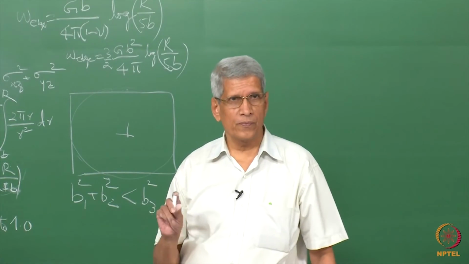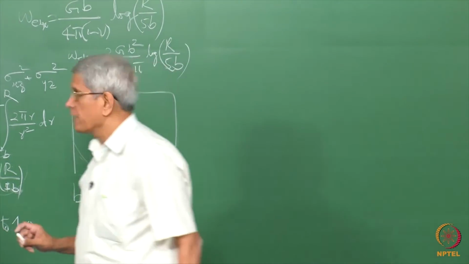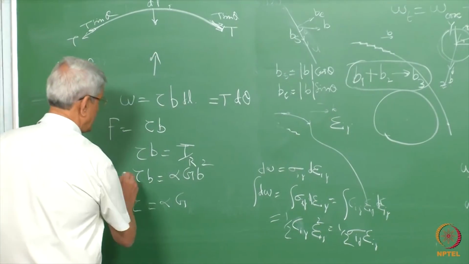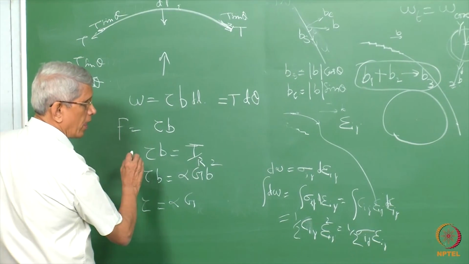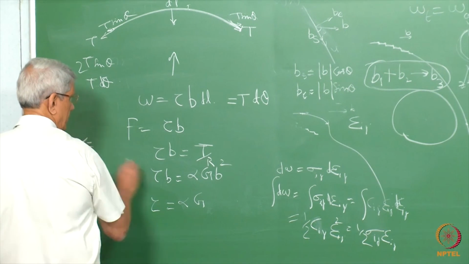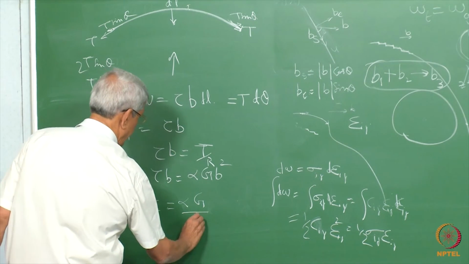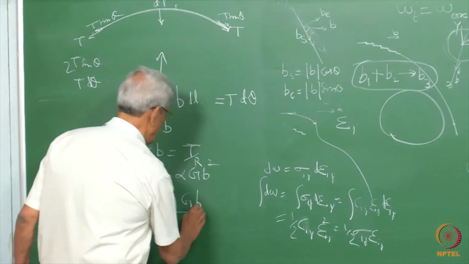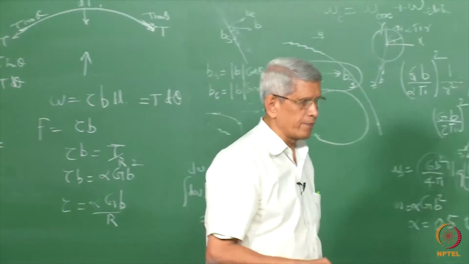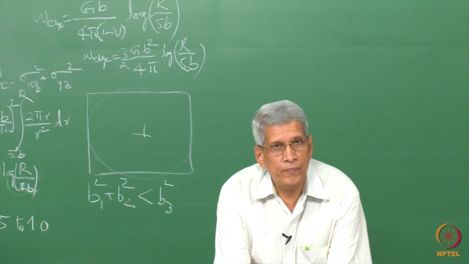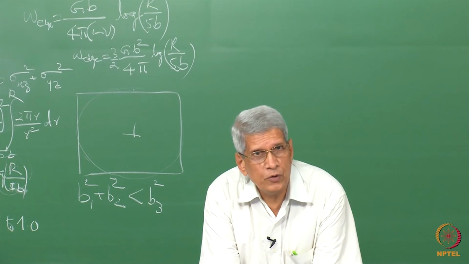So now we have got an expression, which is essentially tau equals G b by R. Where do we use this expression?